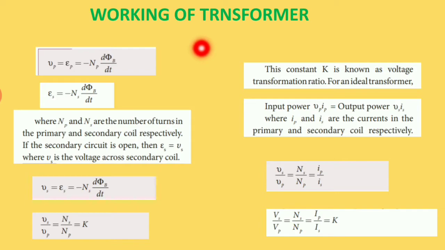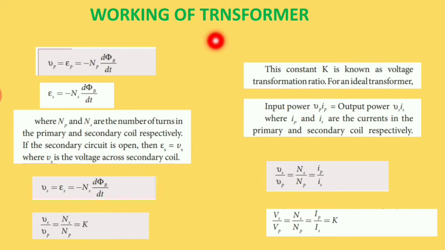Equation number 1. EMF induced in the secondary coil is epsilon S, equal to minus Ns d phi P by dt.